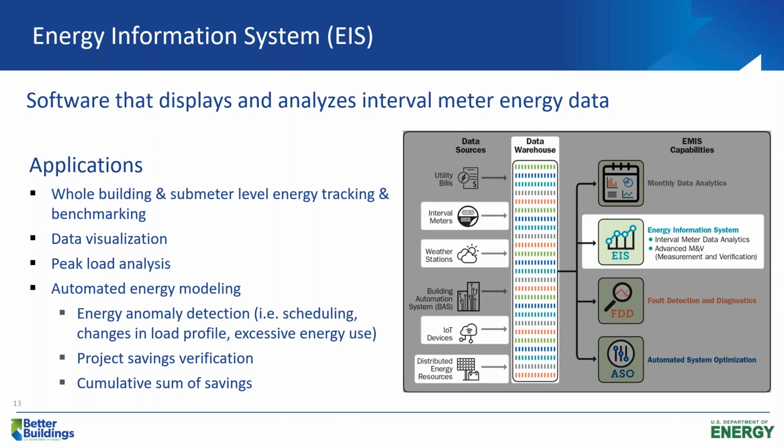So at the big picture, they can track their energy by building. For sub-metering, sometimes campuses don't have meters per building, so they're going to put sub-meters on each building. But in general, you can get away with the whole building. And if you have particular systems like a data center that you want to sub-meter, that's great as well.